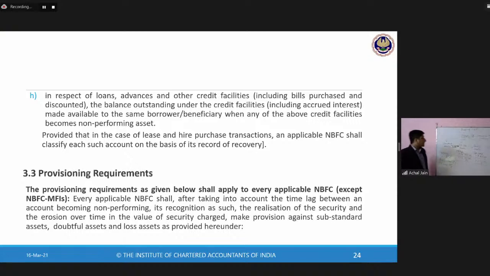So we'll now move further, and again attached to this will be the provisioning requirements.